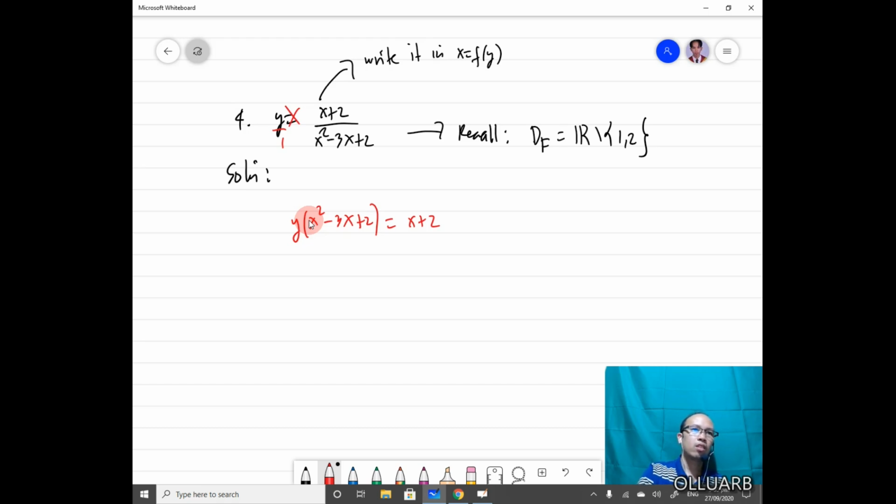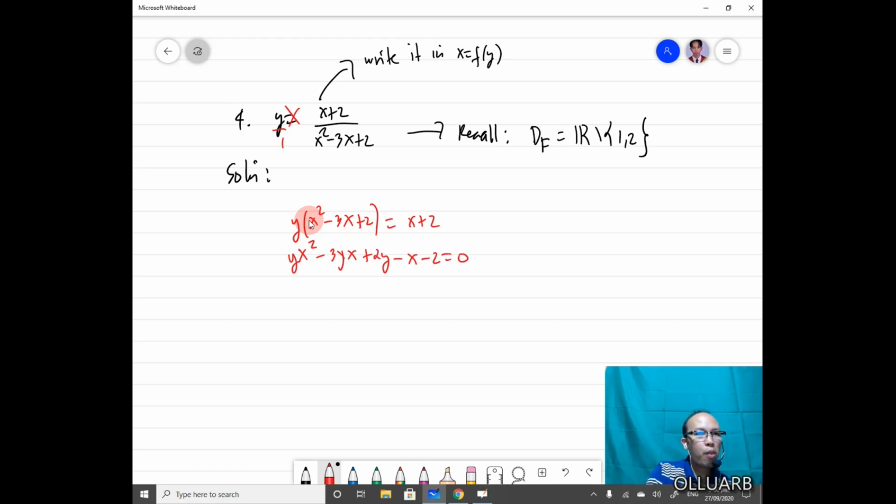Okay, x in terms of y. So we have x squared y minus 3yx plus 2y minus x minus 2 is equal to 0.